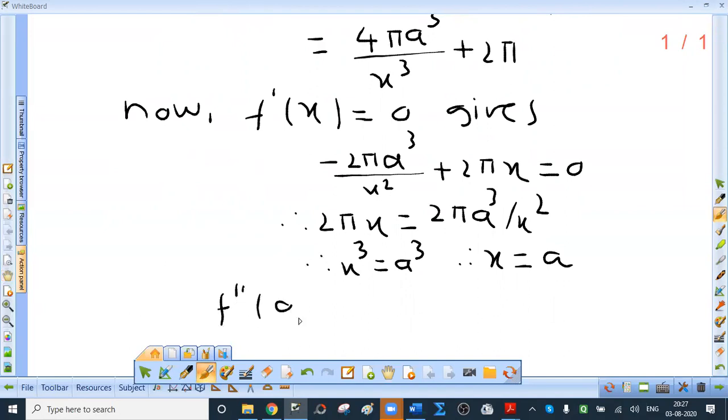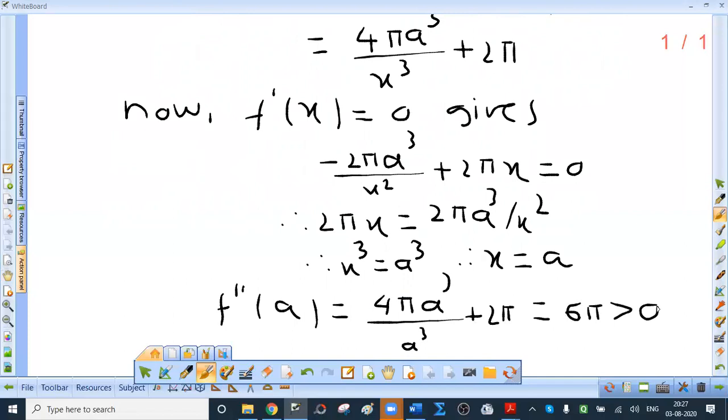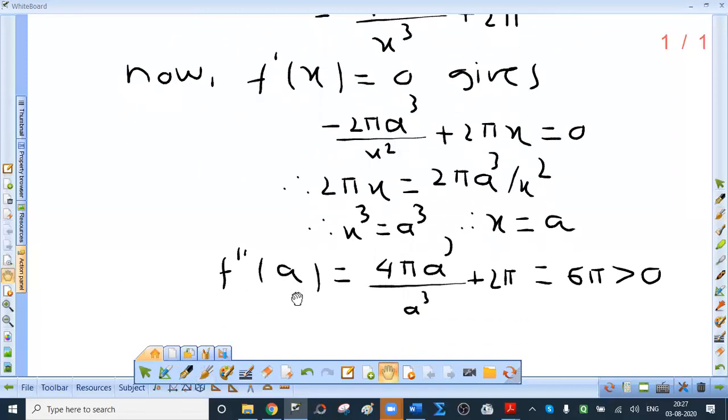Let us see. F double dash of a is 4 pi a cube upon a cube plus 2 pi. Yes. Now this is simply 6 pi, which is greater than 0. So you have to say, by second derivative test, the function has minimum at x equal to a.